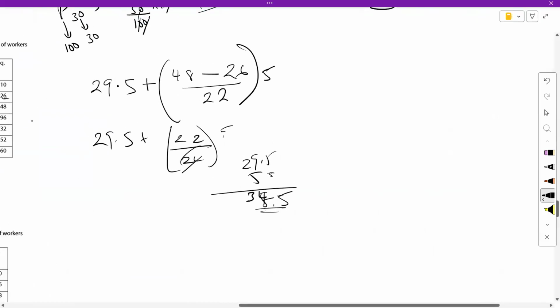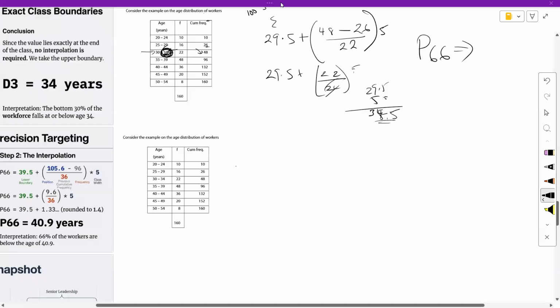What's the value of P66? Quickly calculate P66. Right, what is that?